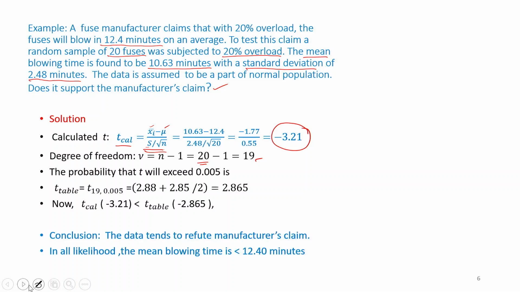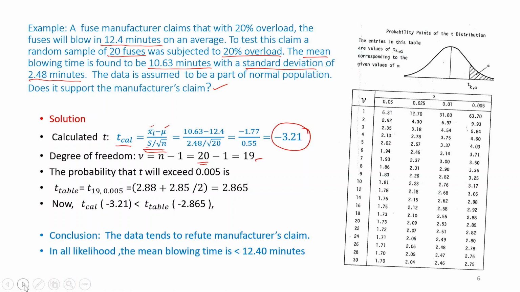Let us see the table this side, that T will exceed 0.005, let us say first of all. Here it is 0.005, and similarly we have to find out for 0.005 what should be the value of T given in the table.